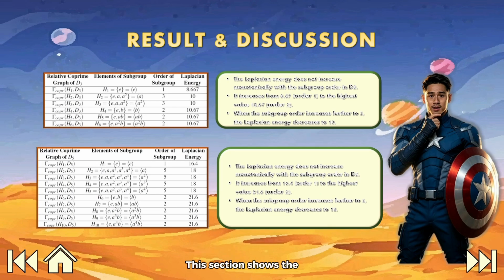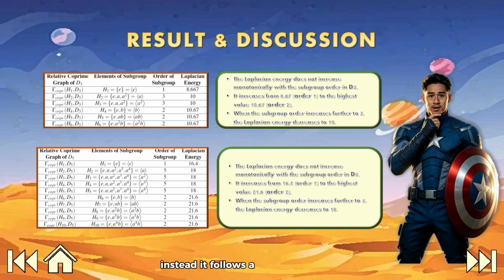This section shows the results and discussion of the research. For the odd dihedral groups, namely D3, D5, D7, and D9, we observed several interesting patterns in their Laplacian energies. In particular, the Laplacian energy does not increase steadily with the order of the subgroup.